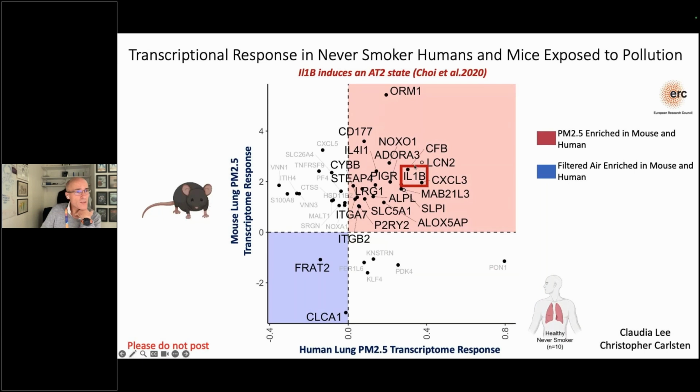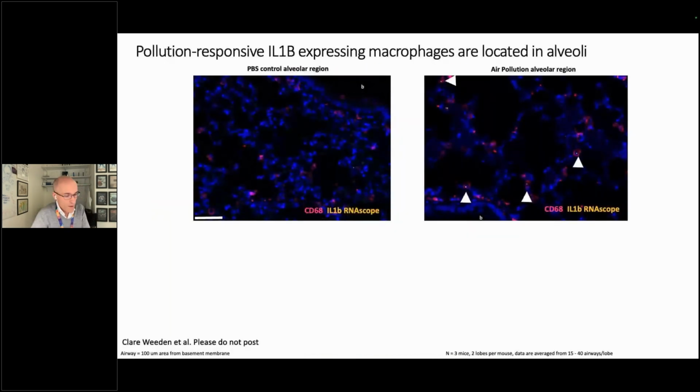Following air pollution exposure, this is one of the most upregulated genes that's switched on in cells, in mouse as well as human. So we latched onto this as being a gene, a communicating protein between cells of some considerable importance, particularly as we knew that these AT2 cells that I mentioned need IL-1 beta to adapt to that stem cell state that I mentioned.